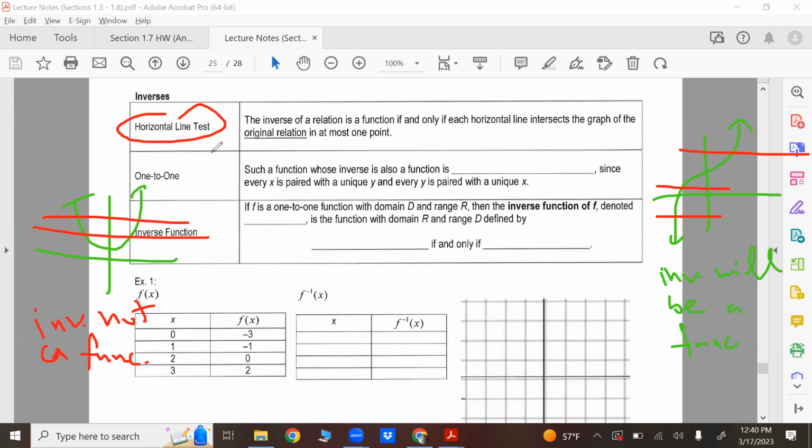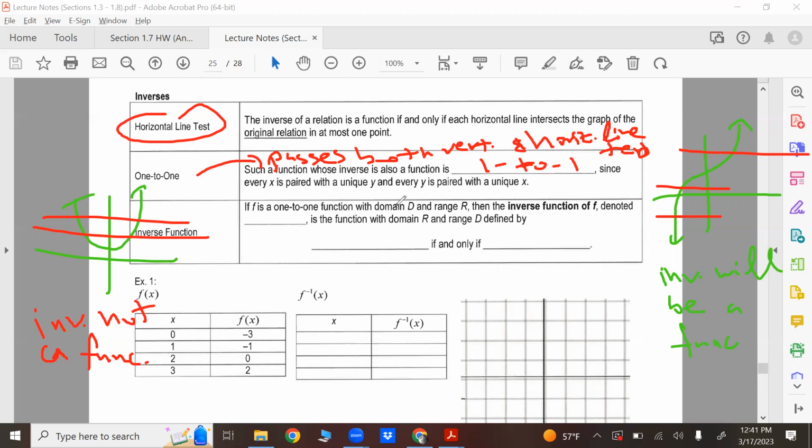That's the horizontal line test. For a function to be one-to-one means it passes both the vertical and horizontal line tests. Such a function's inverse is also a function, since every x is paired with a unique y and every y is paired with a unique x.